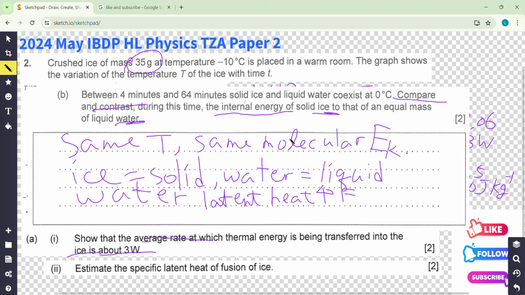Or you can say molecular potential energy is higher. And then altogether the internal energy is the sum of them. So you still need to say it. Although everyone knows it, you still need to write down clearly. Internal energy E is EK plus EP. So water has a higher internal energy.